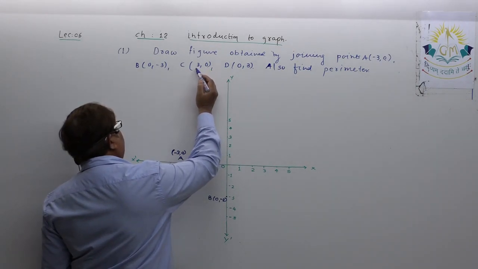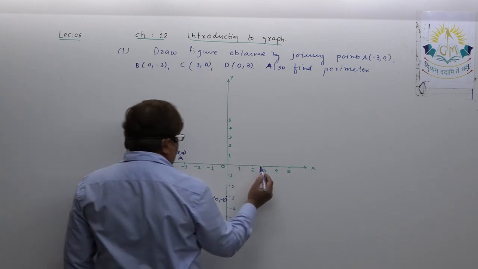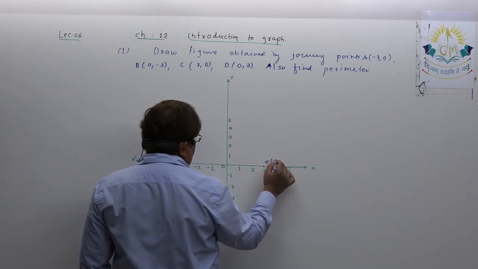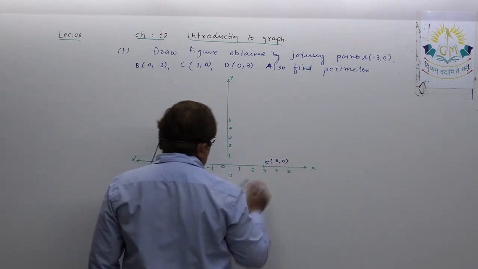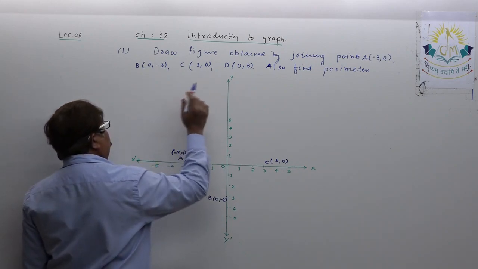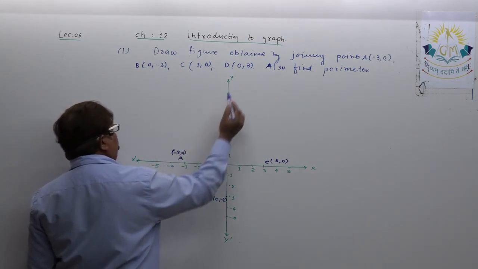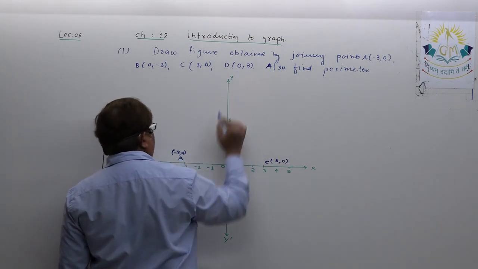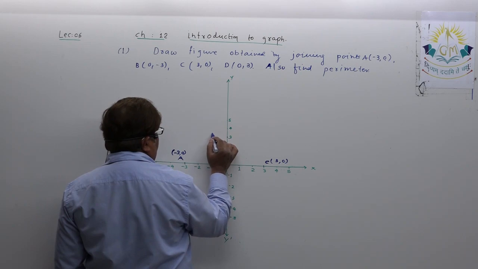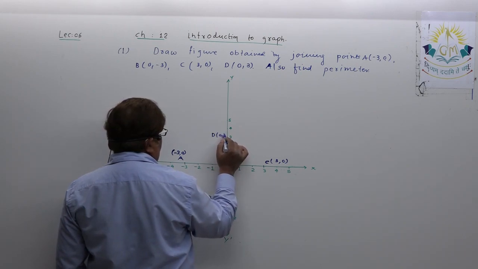Here the x coordinate is 3, the y coordinate is 0. So the point is here on the x-axis. And the fourth point, D 0 comma 3, the x coordinate is 0 and the y coordinate is 3. So the point is here.